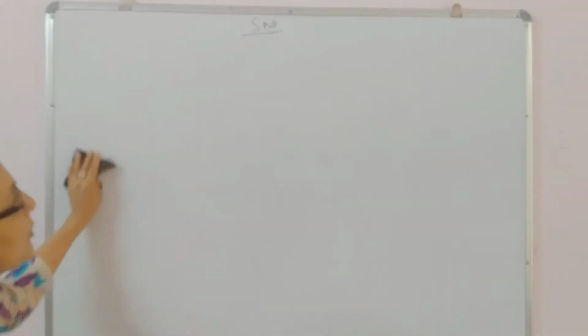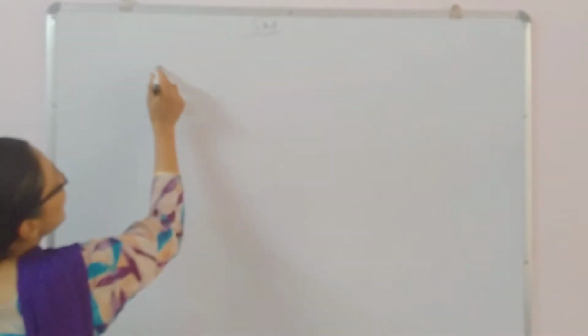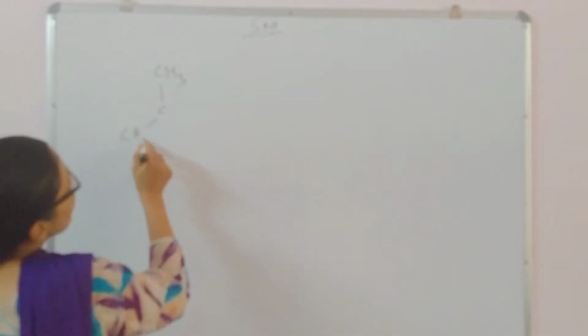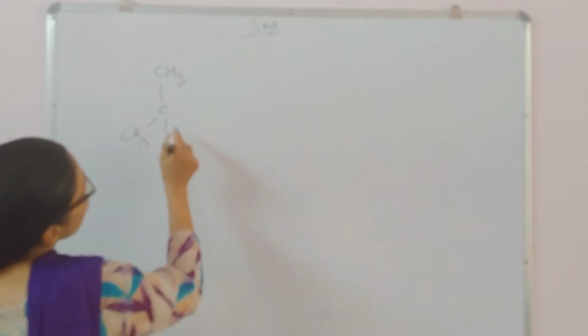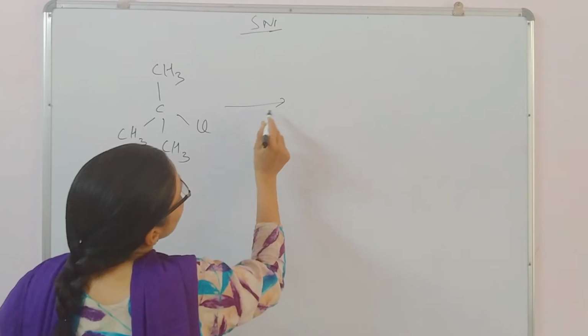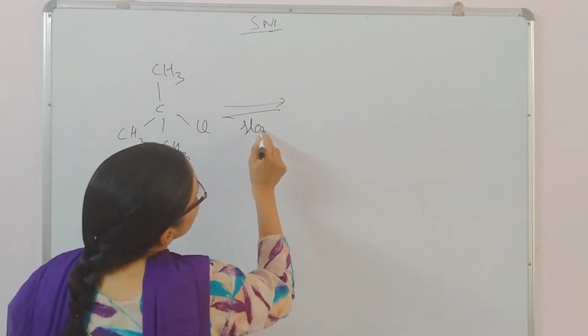In SN1 mechanism, suppose I am taking the example of (CH3)3C-Cn. What will happen? In the very first step, that is the slow process.